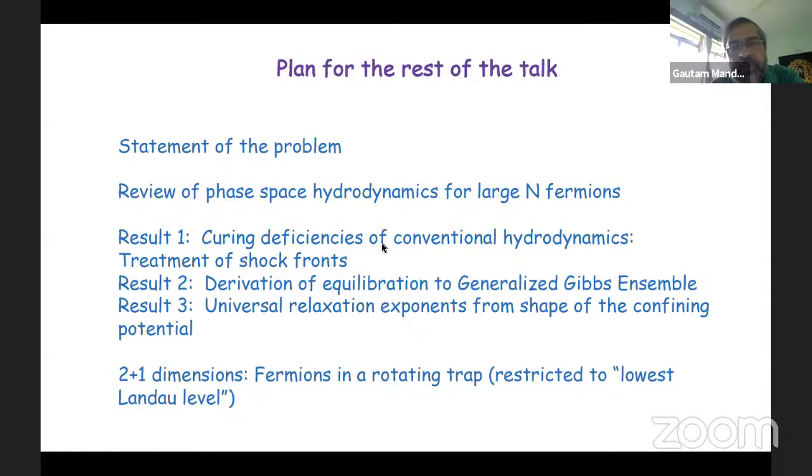So the time evolution could not be analyzed beyond the formation of the shock fronts.